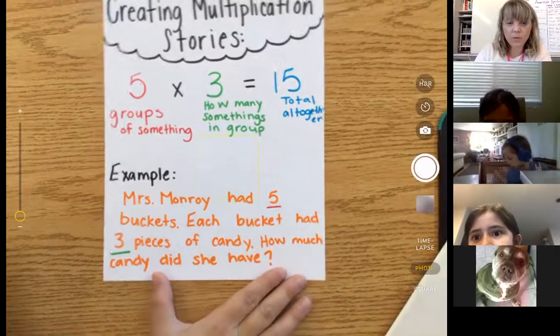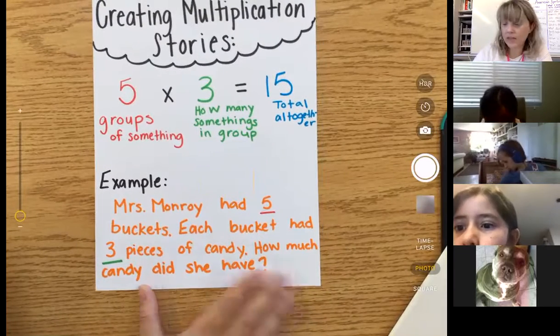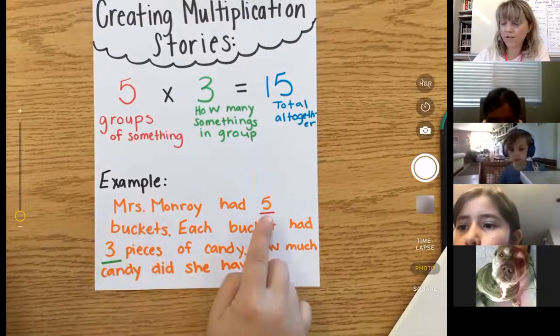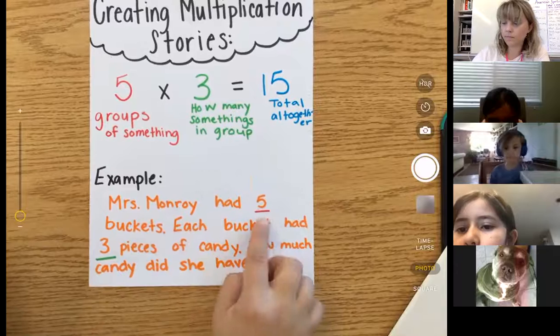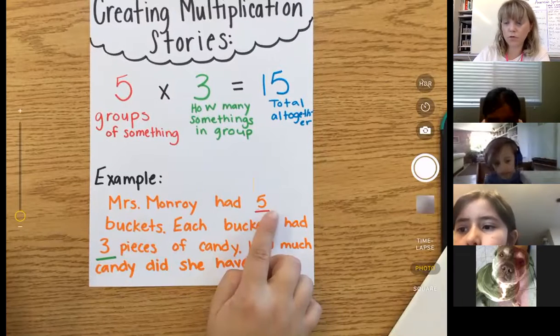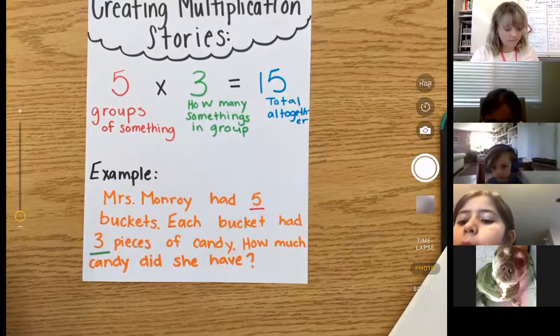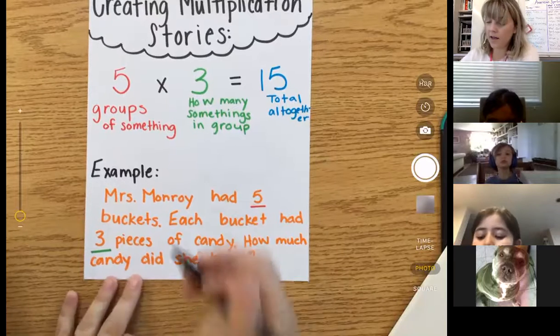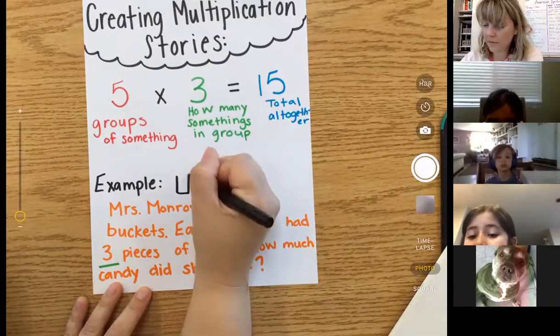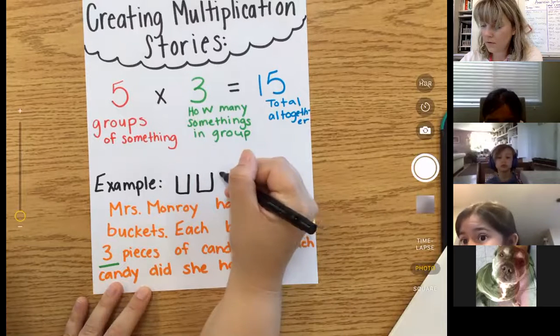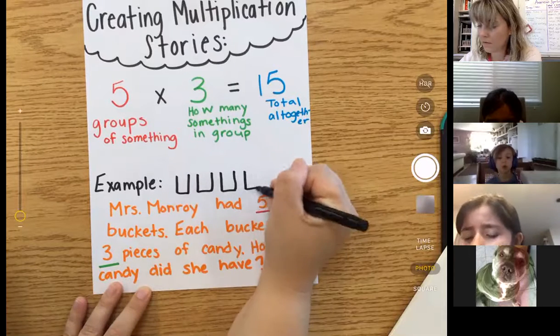So here's an example word story that I created. It says, Mrs. Monroy had 5 buckets. That's my groups. My groups are 5 buckets. So if I was to draw a picture of it, I'm gonna have 5 buckets. 2, 3, 4, 5.